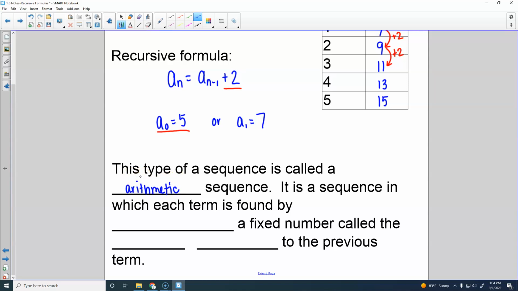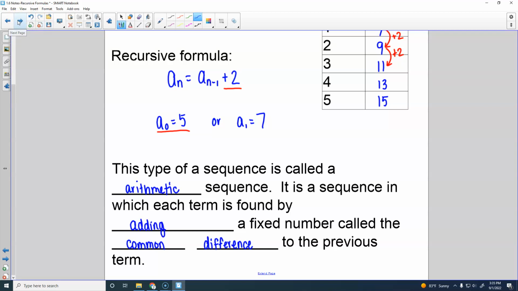It is a sequence in which each term is found by adding a fixed number called the common difference. In this particular case, that common difference up here is 2 because that's the number that we're adding each time. If your sequence is decreasing, your common difference will be negative.